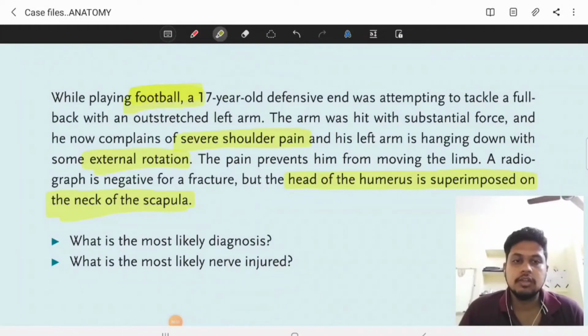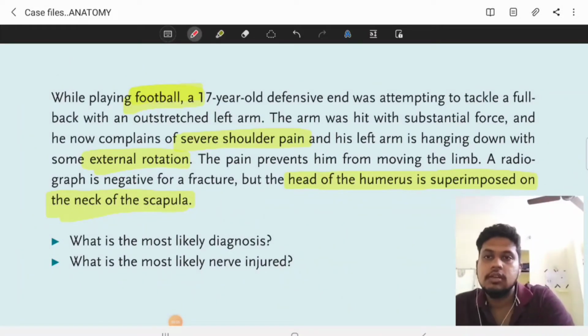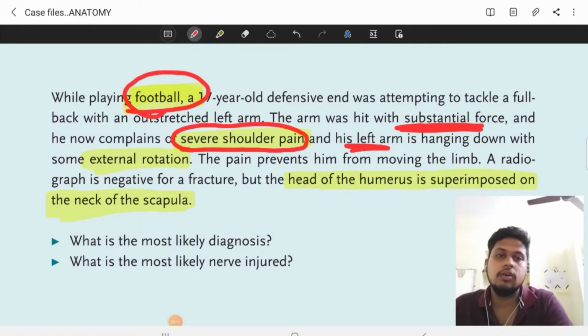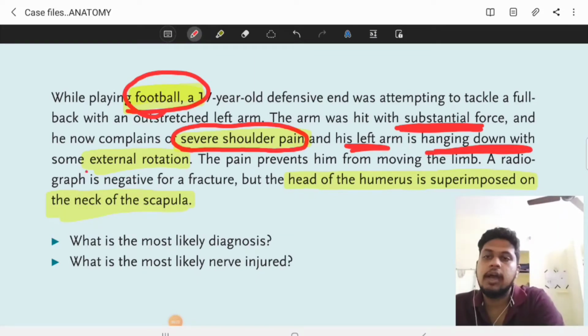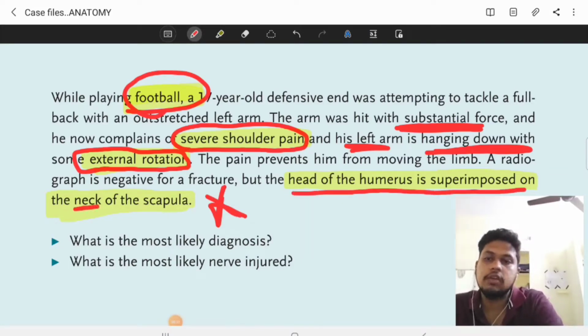In this video we are going to discuss a case scenario. So here, as you can see, a football player while playing football had an injury which caused severe shoulder pain of his left arm, and he was presented with his arm hanging down with some external rotation, and from an x-ray you found that it was not a fracture, and the head of the humerus is superimposed on the neck of scapula.